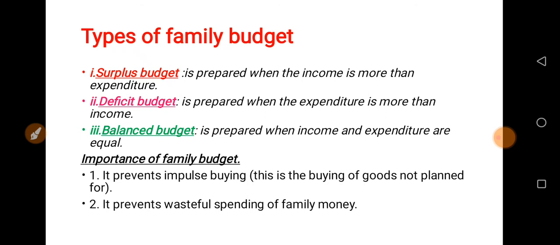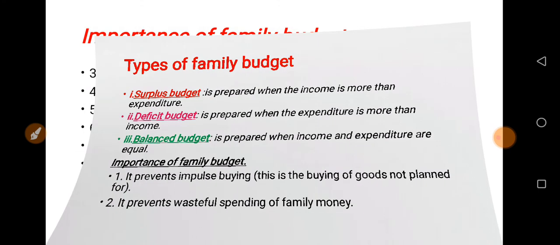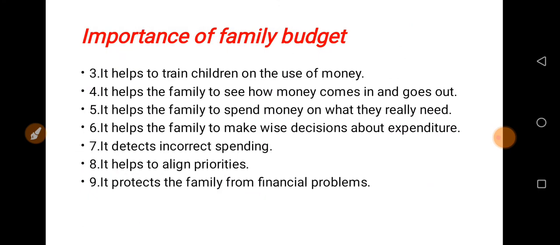Another importance of family budget, number 2, it prevents wasteful spending of family money. Yes, when you budget your income, it prevents wasteful spending of family money. It helps to train children on the use of money. Yes, by the time you are making your family budget, when children are there, it teaches them on the use of money.